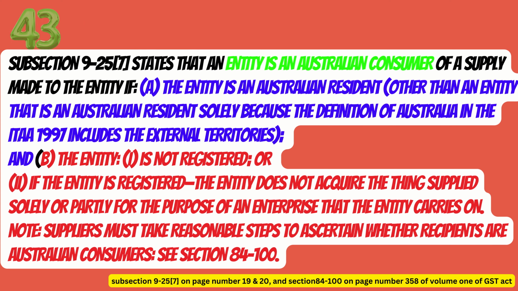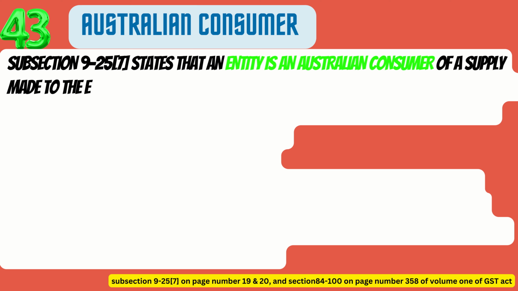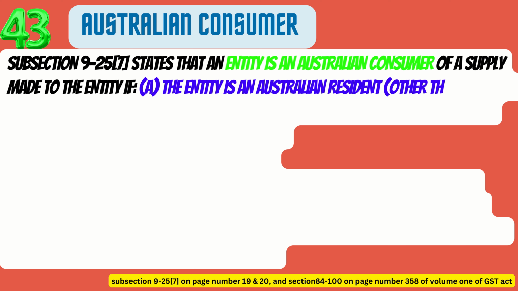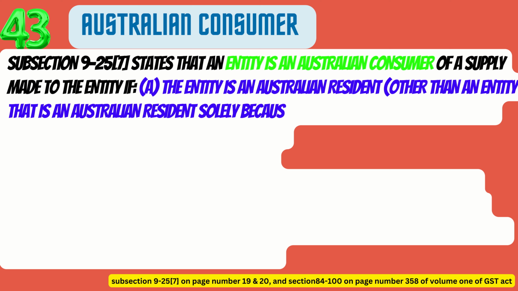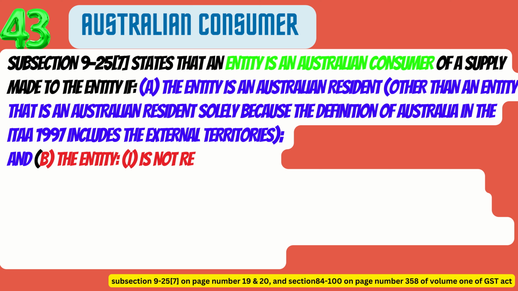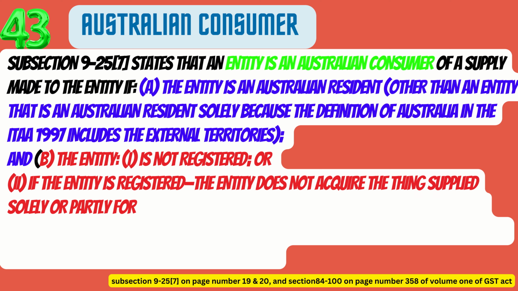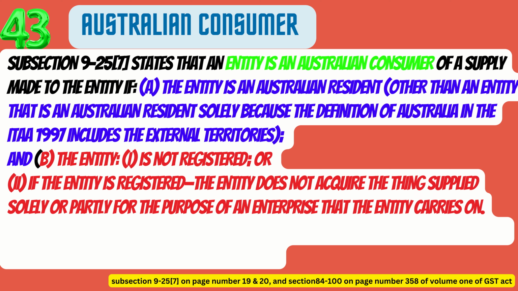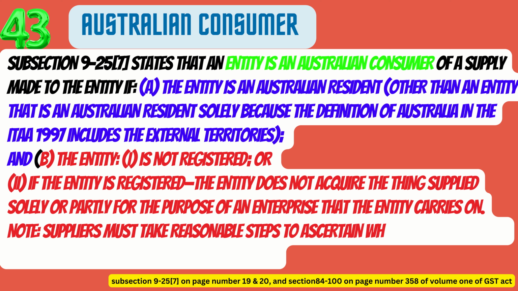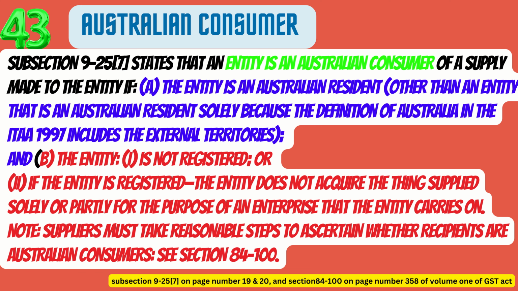Subsection 9-25(7) states that an entity is an Australian consumer of a supply made to the entity if a. the entity is an Australian resident, other than an entity that is an Australian resident solely because the definition of Australia in the Act 1997 includes the external territories, and b. the entity 1. is not registered, or 2. if the entity is registered, the entity does not acquire the things supplied solely or partly for the purpose of an enterprise that the entity carries on.